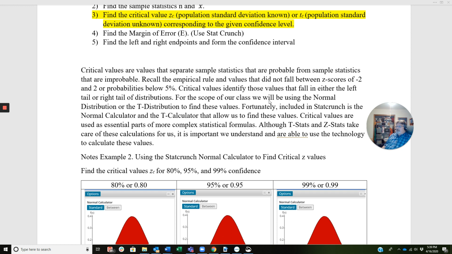For the scope of our class, we will be using the normal distribution or the T distribution to find these values. Fortunately, included in StatCrunch is the normal calculator and the T calculator that allow us to find these values. Critical values are used as essential parts of more complex statistical formulas. And although StatCrunch takes care of these calculations for us, it is important we understand and are able to use the technology to calculate these values.